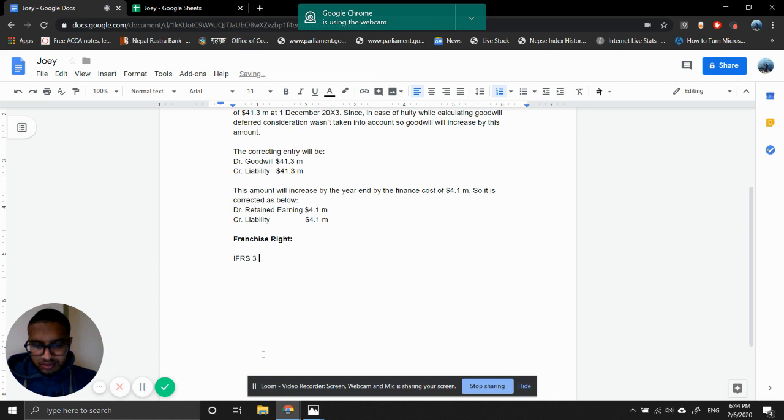IFRS 3 Business Combinations says that the net assets should be valued at fair value during acquisition.